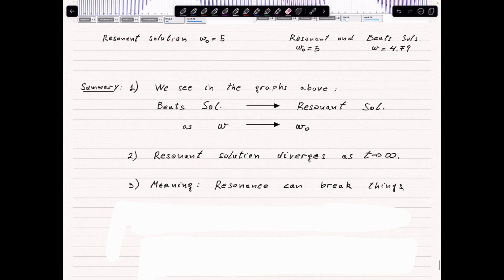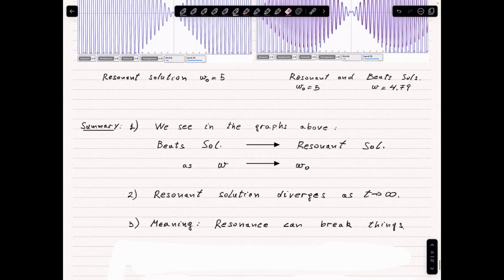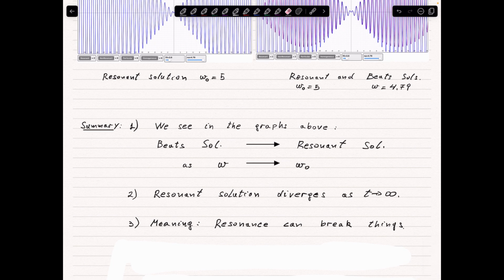However, in real life, we don't see every system get destroyed when we apply a force with the same frequency as the natural frequency of the system. What happens in real life that is not described here? Well, the problem is that our description has no friction at all.